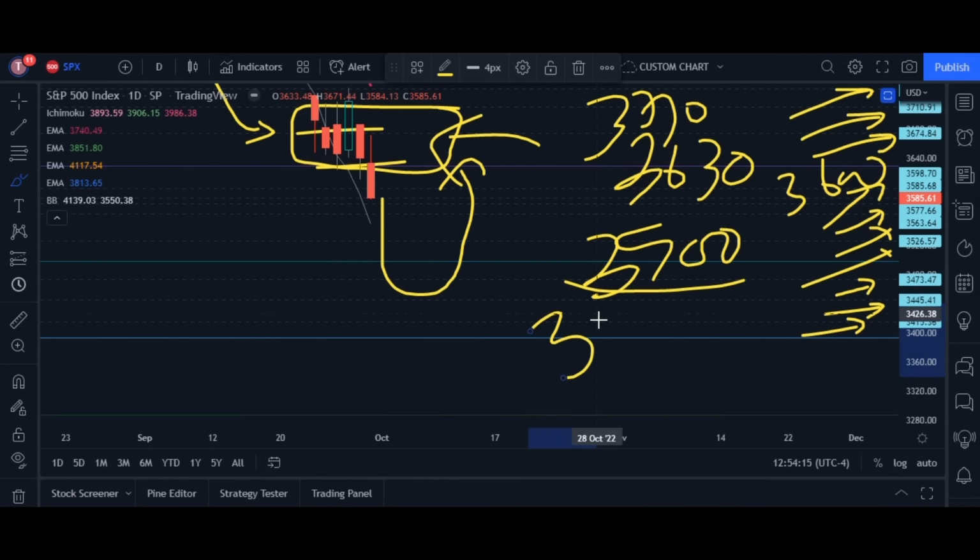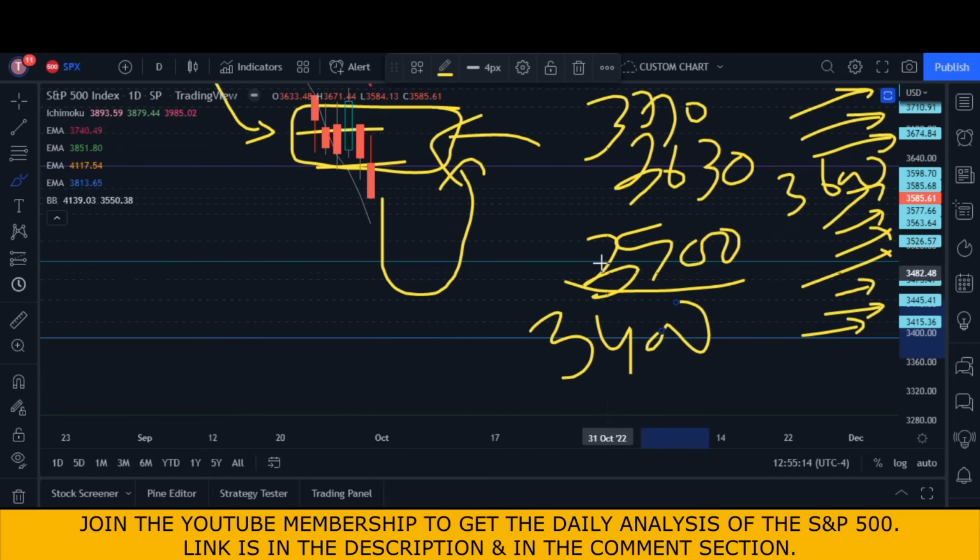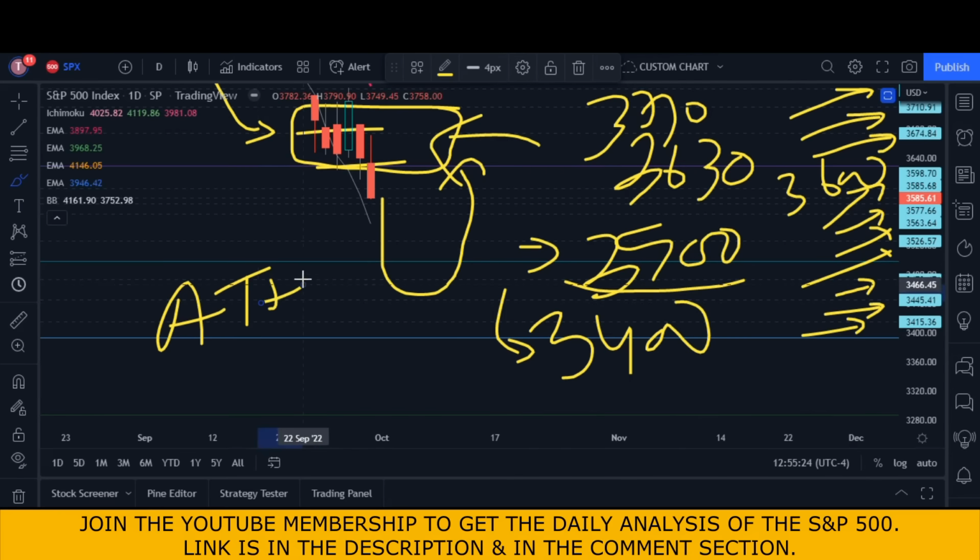finally we have 3400. Now, why am I saying 3400 and not 3500? Because 3400 is the level that was the all-time high of the S&P 500 in February 2020. Earlier, this was the all-time high.